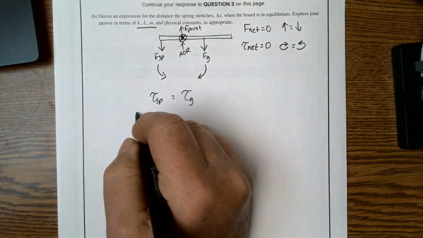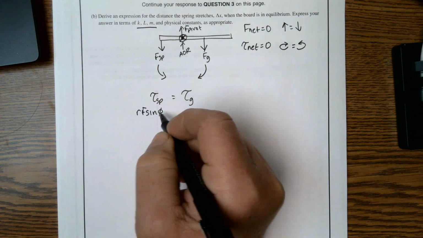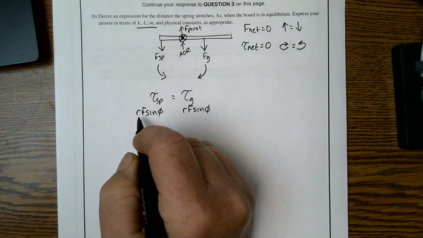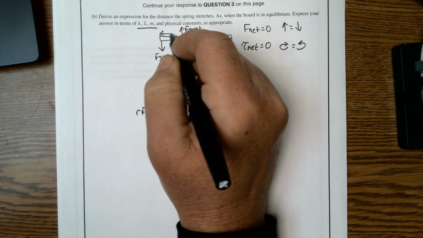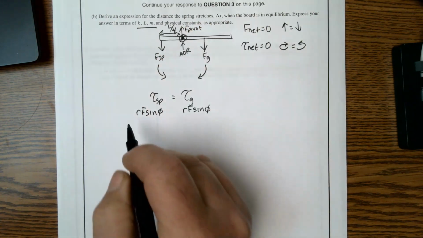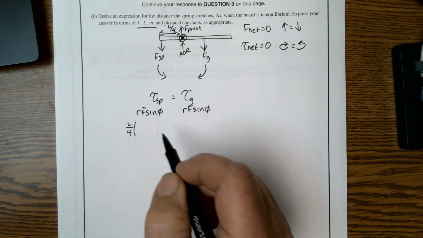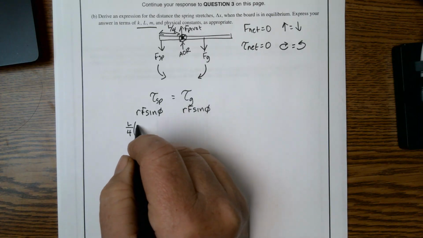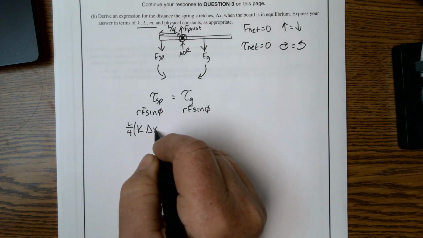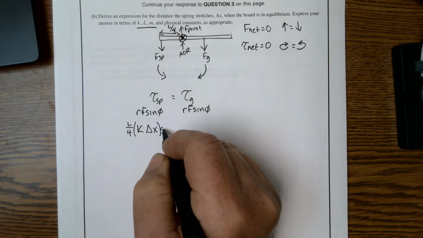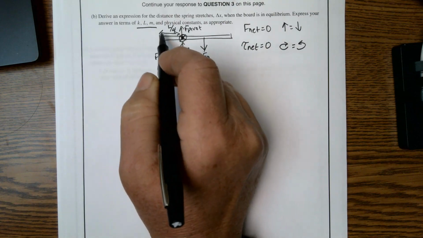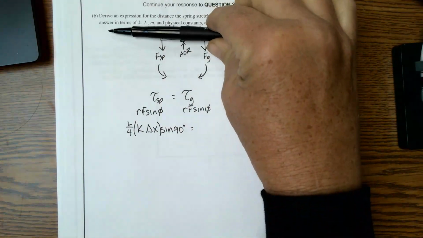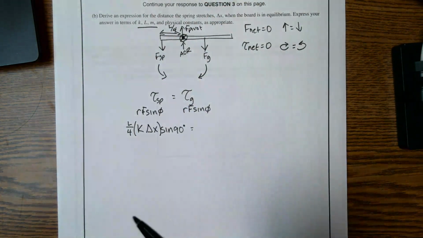The torque of the spring, every torque, we're going to do our little vector product thing here. And so r is how far it is from the axis of rotation. This is L/4. So this one is L/4. My spring force is k times delta x times the sine of 90 degrees, because here's my r, here's my F, and the angle between them is 90 degrees.